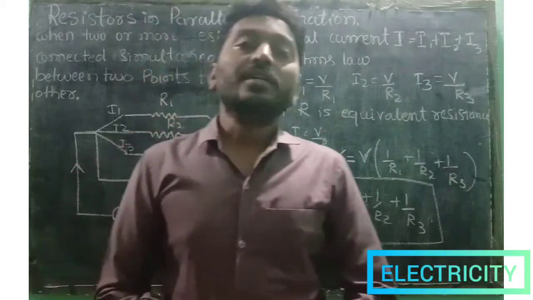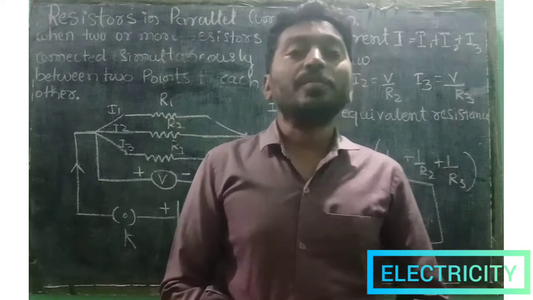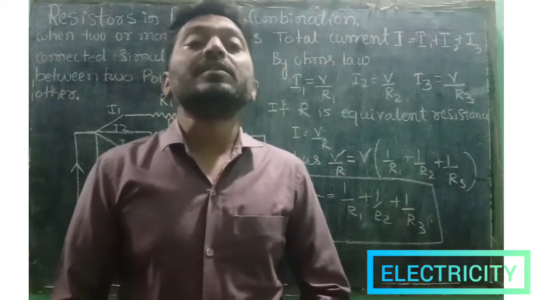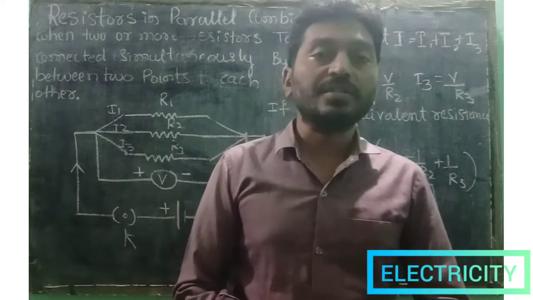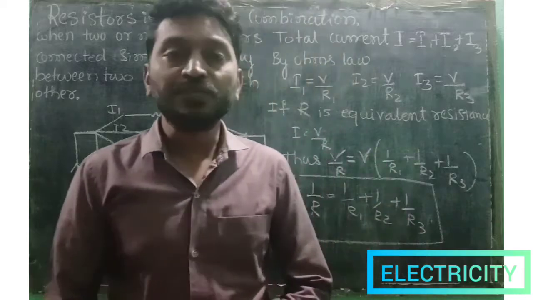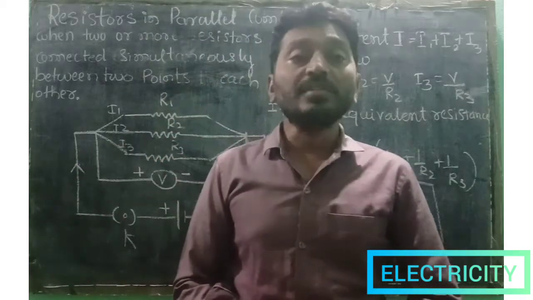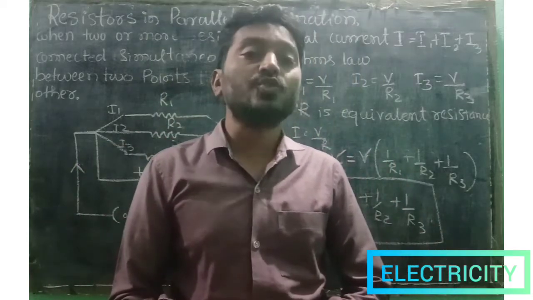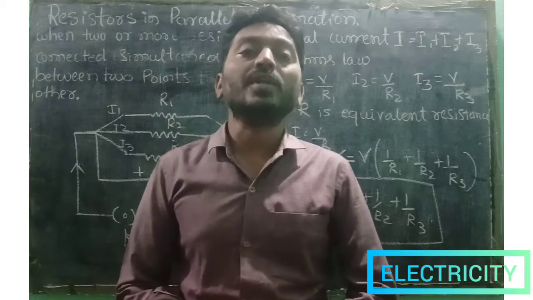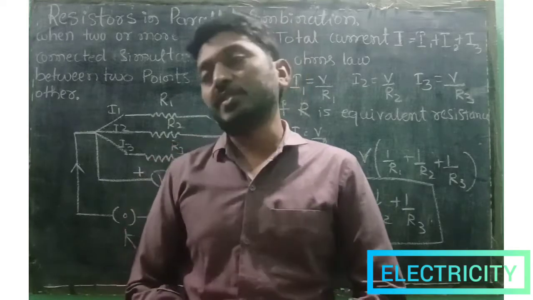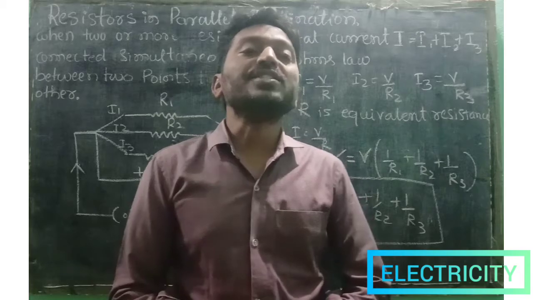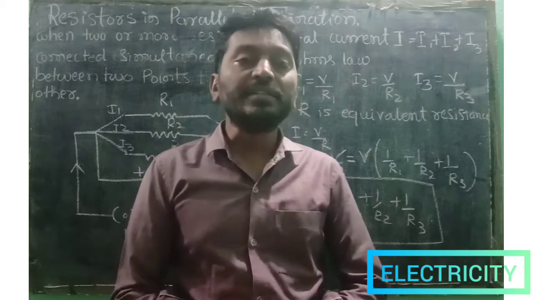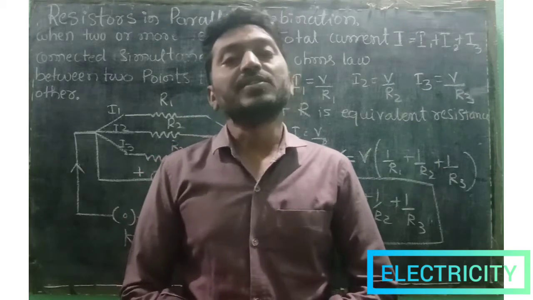The important points: the equivalent resistance is equal to the sum of the individual resistances of the resistors, the potential difference is different, and the current is the same.